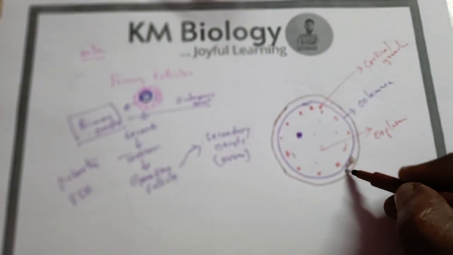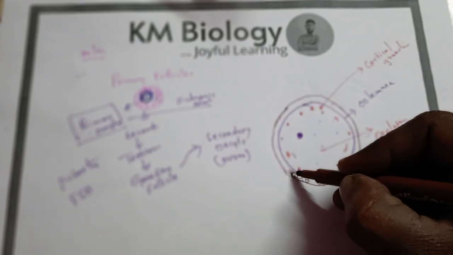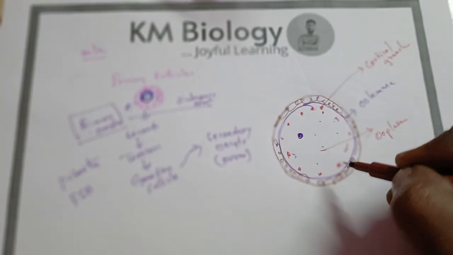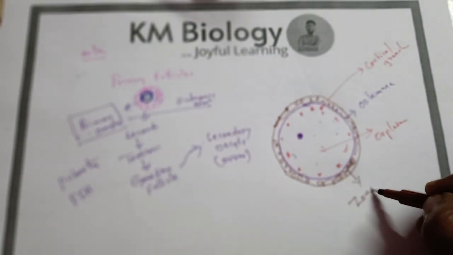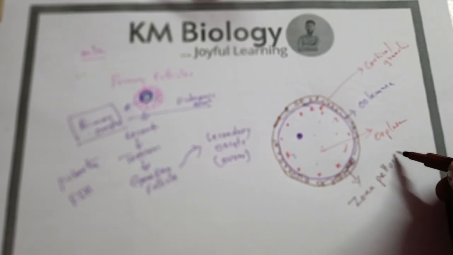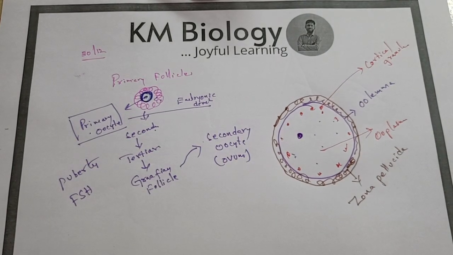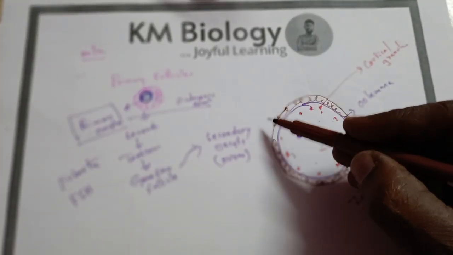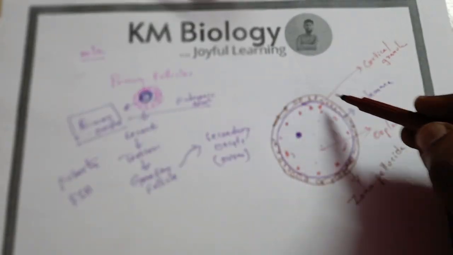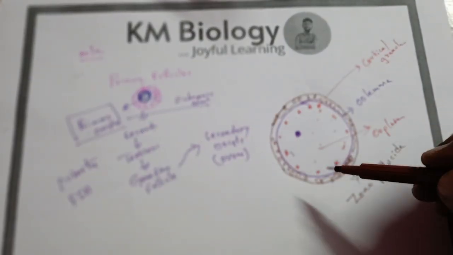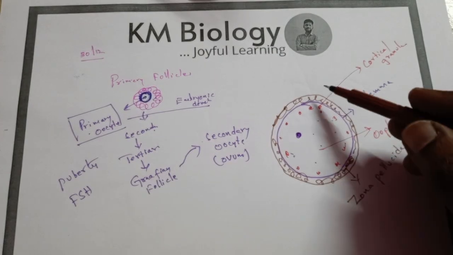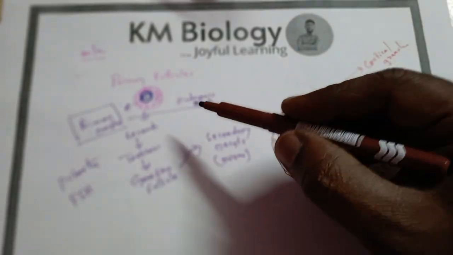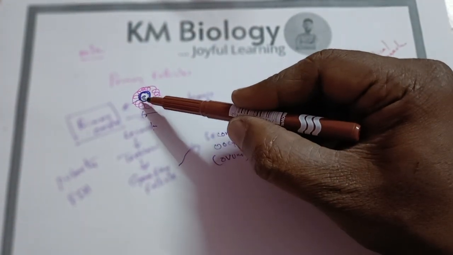This is zona pellucida. Just I am highlighting zona pellucida, right? Now at the time of rupture of the Graafian follicle, many of the follicular cells which are present around this oocyte are still attached once it is broken down. So see, look at here. This is the primary oocyte.